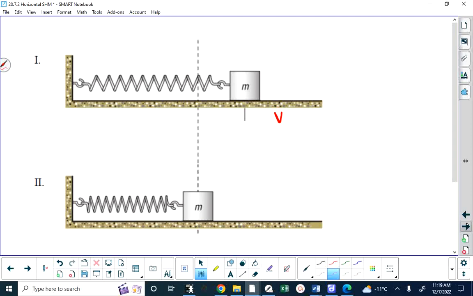So the speed here is 0. What can you tell me, if anything, about the speed of the mass when it's at the position shown in number 2? You're not going to be able to tell me how fast it's moving, but you can tell me something about its speed.